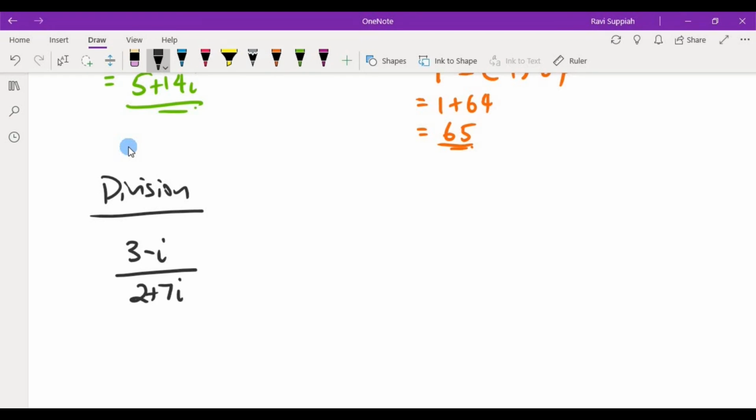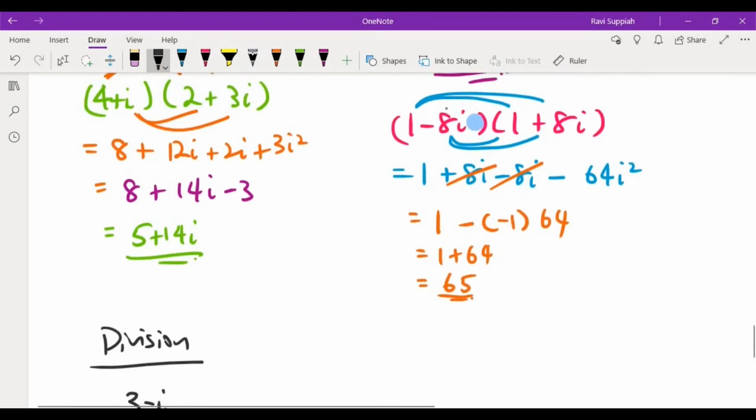The way we can approach division of complex numbers is by using the complex conjugate I just talked about. What we saw was that when I multiply a complex number by its complex conjugate, the result is a real number without the imaginary portion.